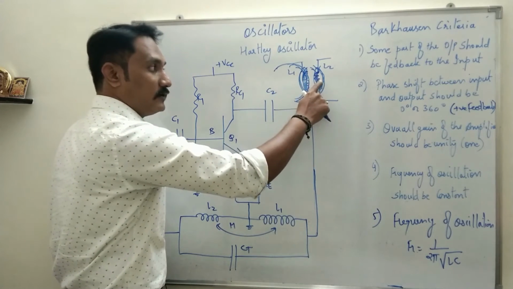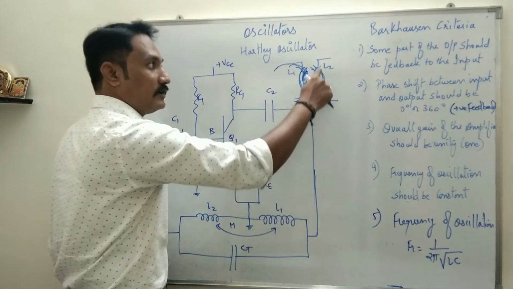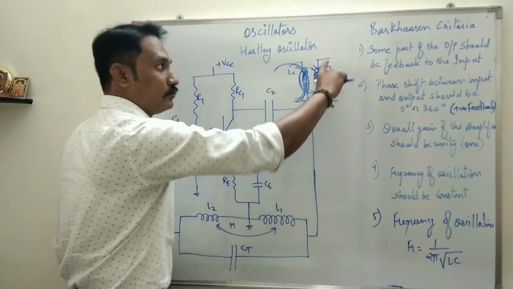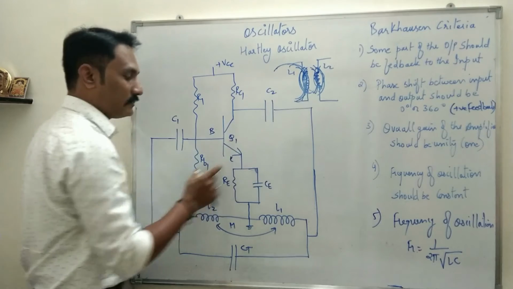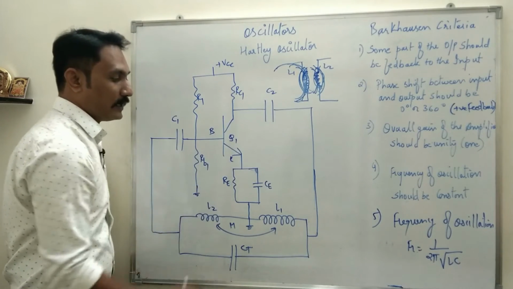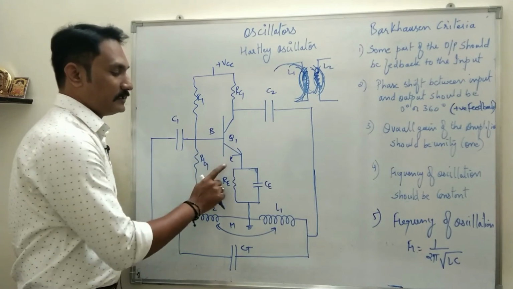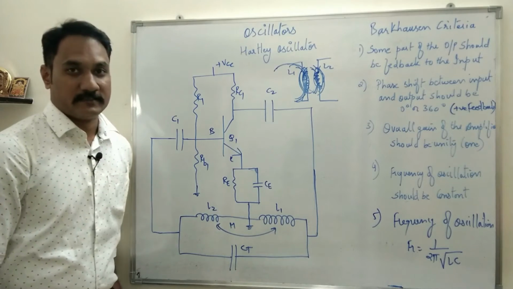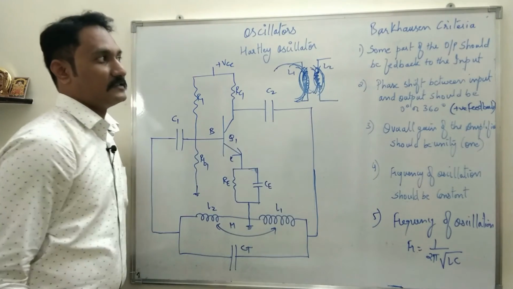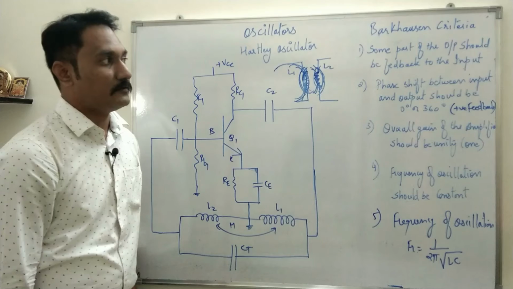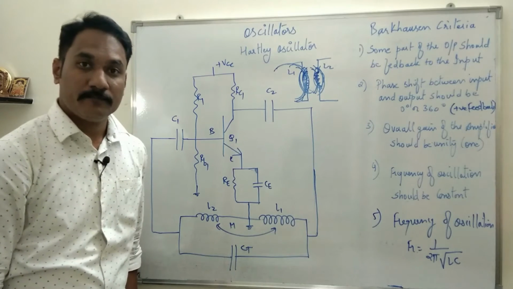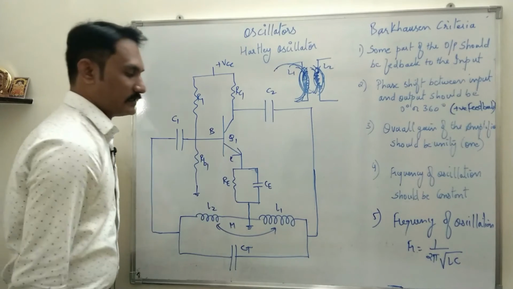In that magnetic field you have L2, current will flow through L2, there will be a magnetic field across L2, there will be a potential across L2, and that potential will be provided to the base-emitter junction of the transistor. That means the first criterion is satisfied: some part of the output should be fed back to the input. So that is the first condition.